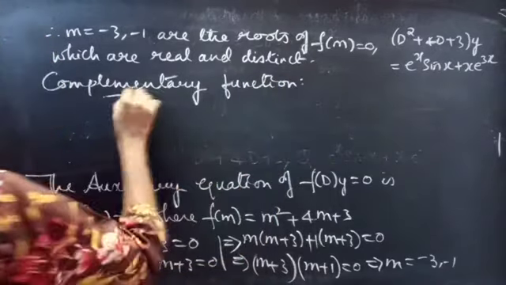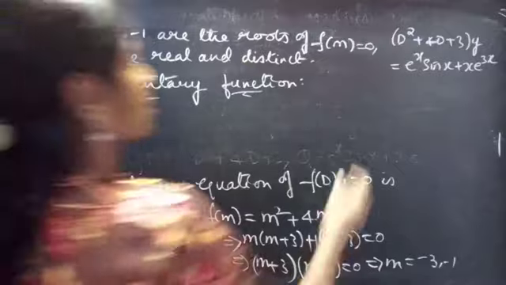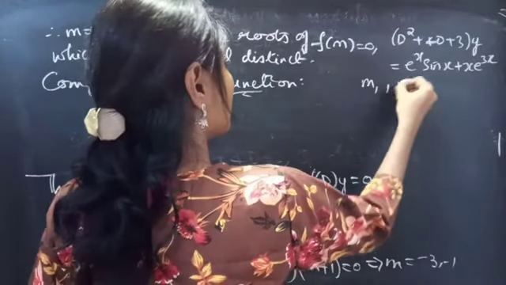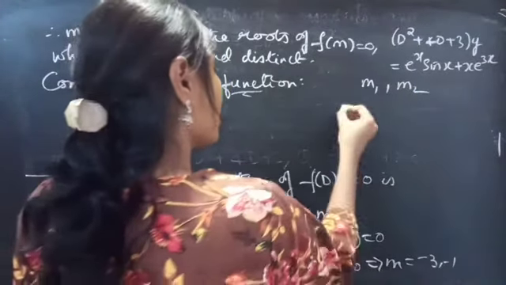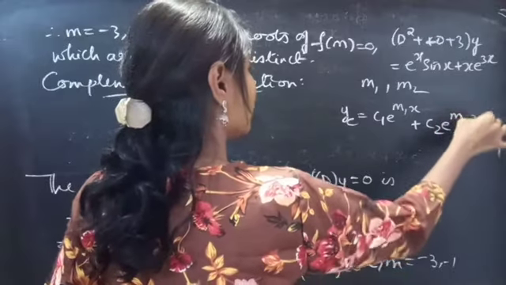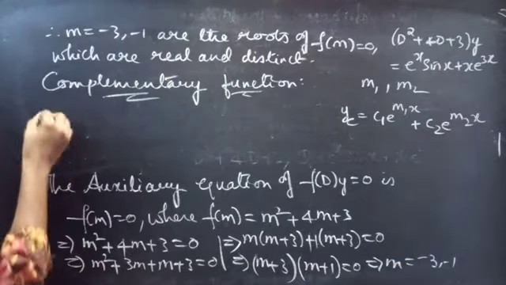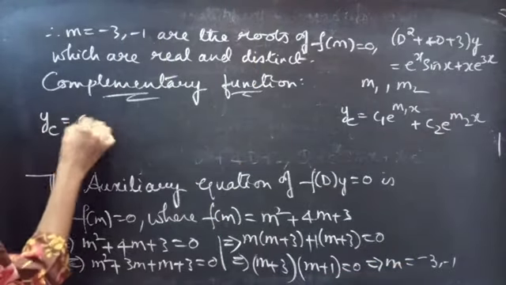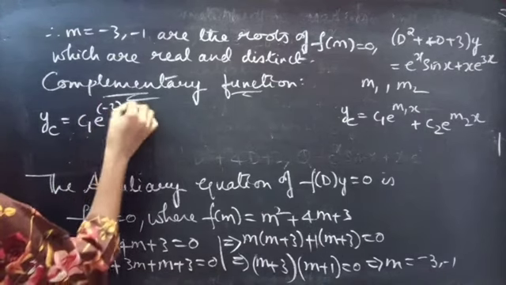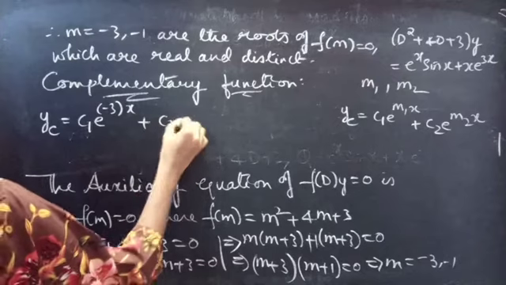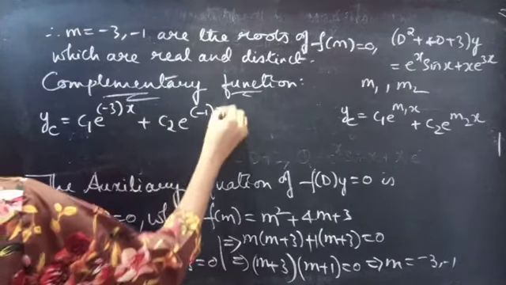Now coming to the complementary function, we know that when two roots, say m1 and m2, are real and different, then our yc will be one constant times e^(m1 x) plus another constant times e^(m2 x).